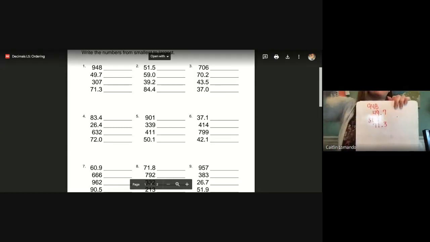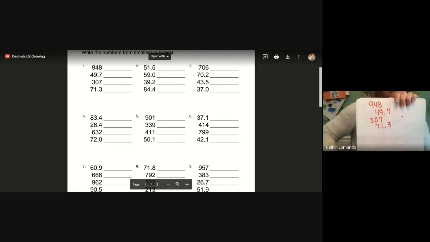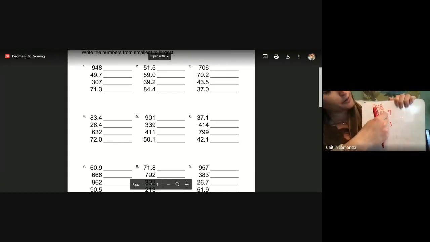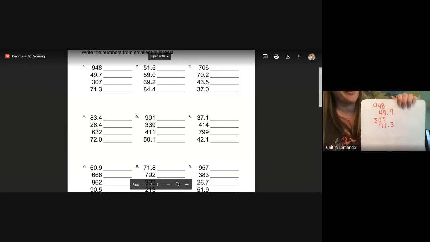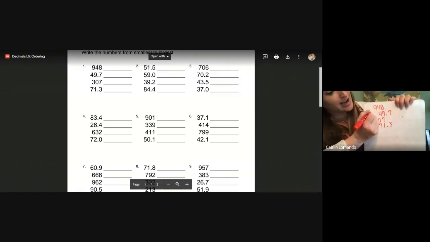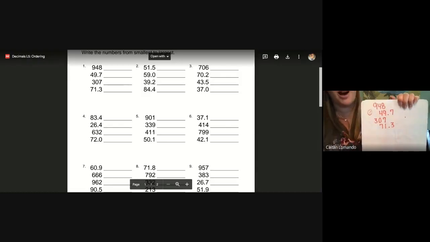So we have to order them from least to greatest. So the smallest comes first. So let's look at the numbers before the decimal point. What's the smallest? 948, 49, 307, or 71? 49 is definitely the smallest. Which one comes next?